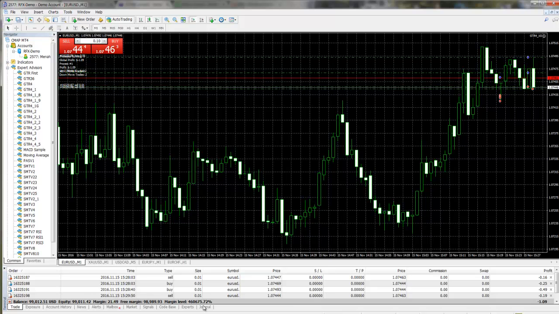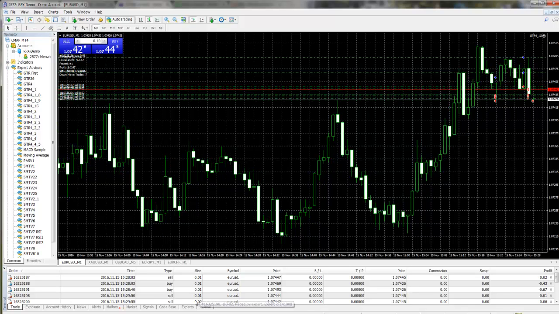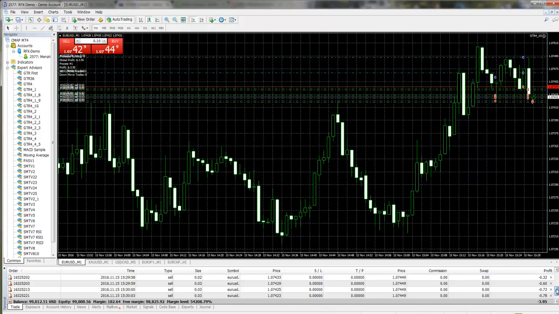Oh, here we go, another trade, a sell. And this time it's with a bigger volume, not 0.01, but 0.02. And ooh, we have a lot of new orders right now, all of them sell, in the downwards direction. So it's 0.03, you can see it here. These congested lines are a series of orders that were just opened by the robot, the GTR 4.1G.